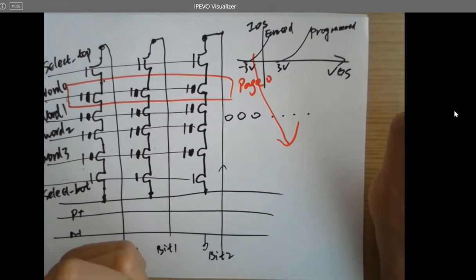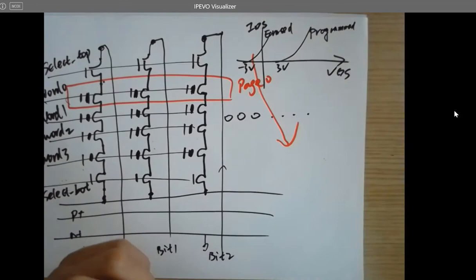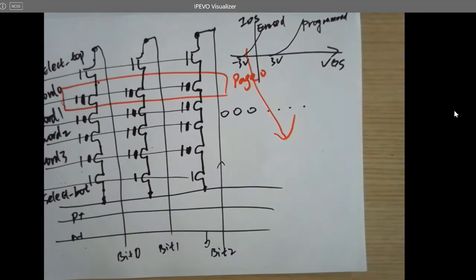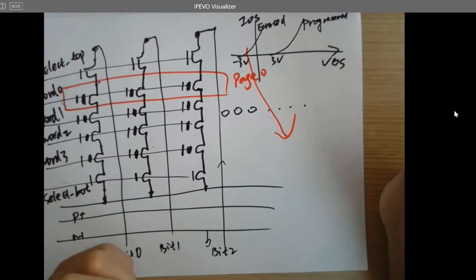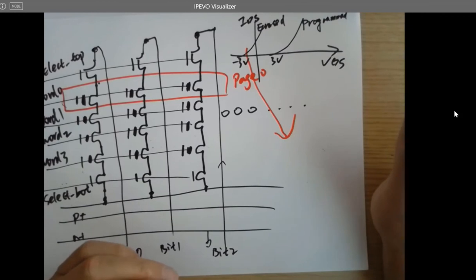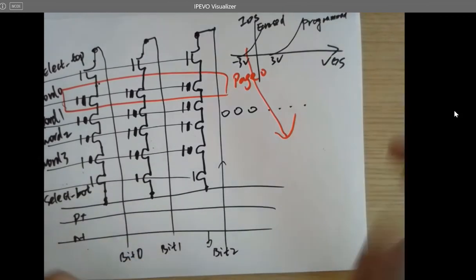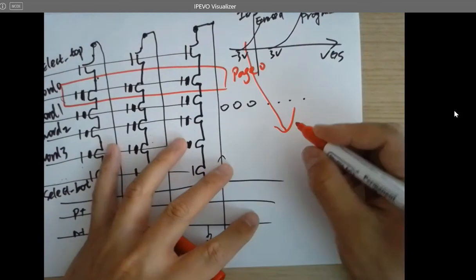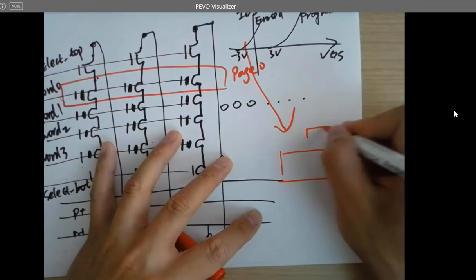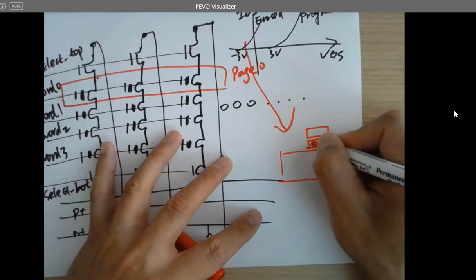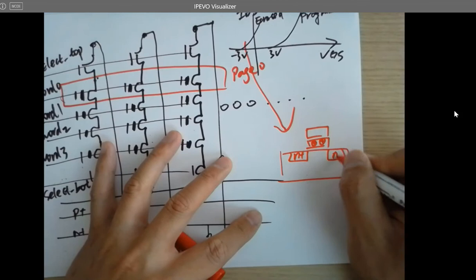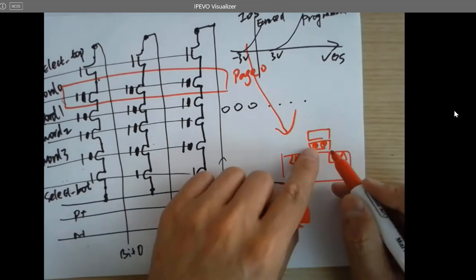So you don't have to give a pretty high voltage to turn on the gate. These are some positive charges trying to help you turn it on. So that's why you don't need anything and it's already on all the time. When you are erasing it, there will be some positive charges in the floating gate to keep the channel on.